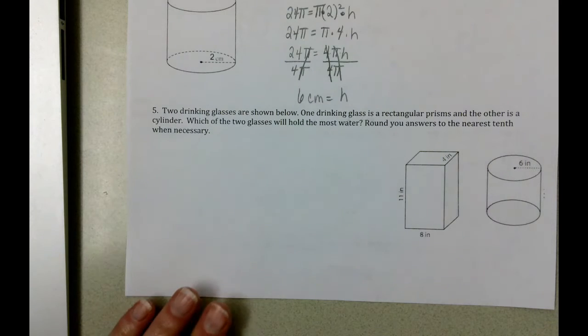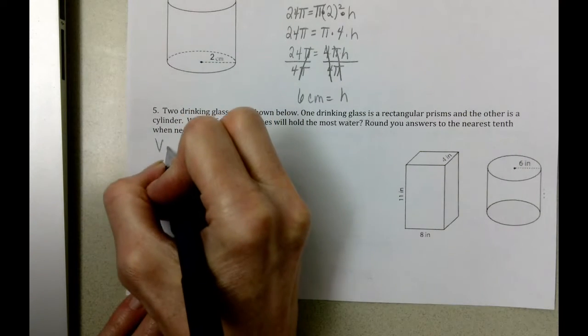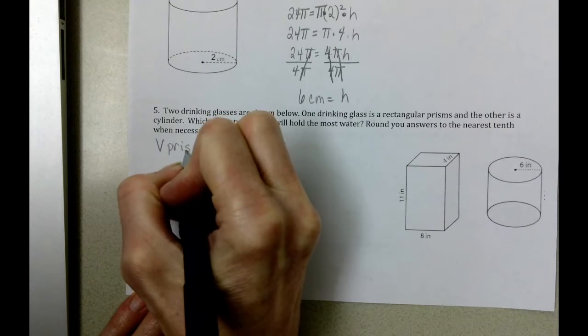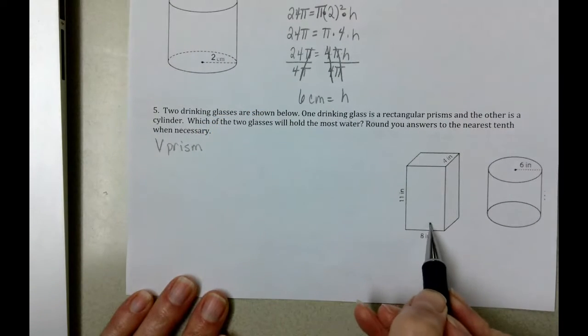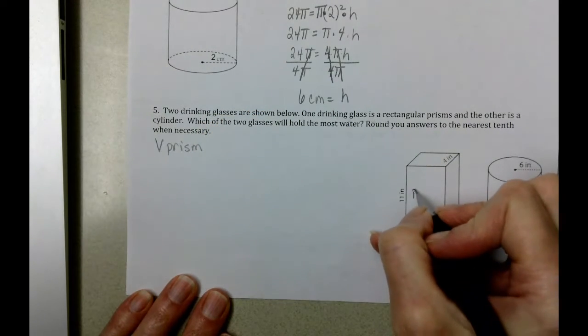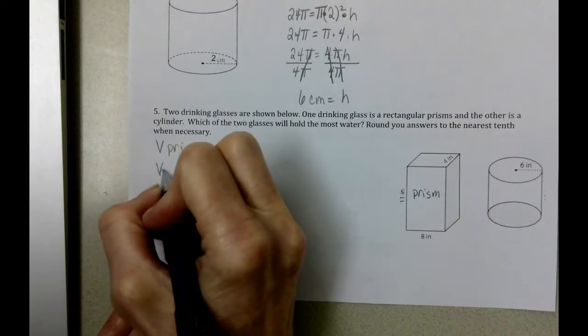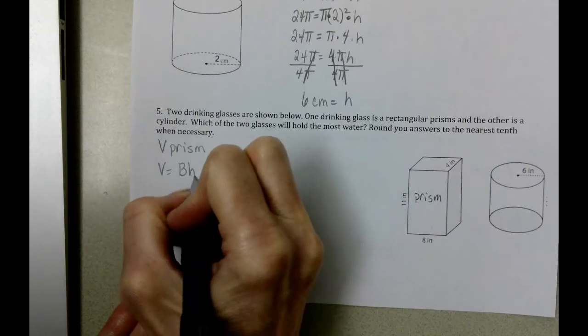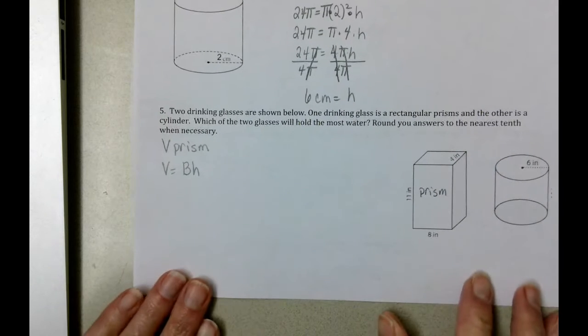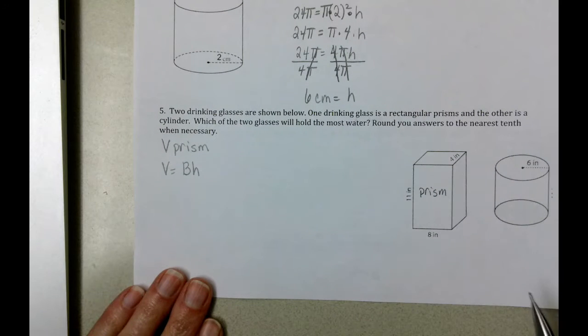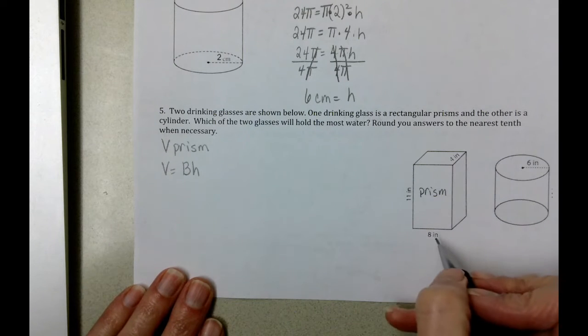So if we do the volume of the prism here, which is this figure, our formula is big B times H. It's a box, so we're simply going to multiply all of these values together.